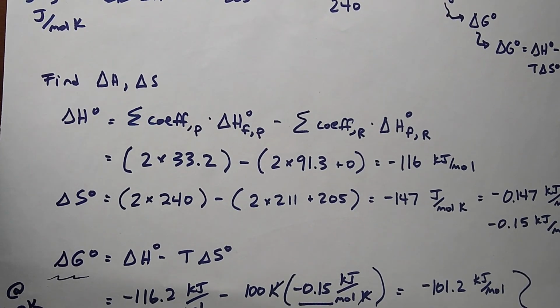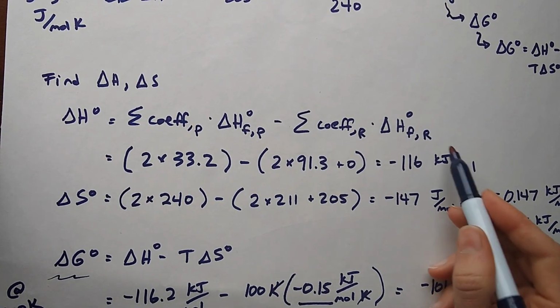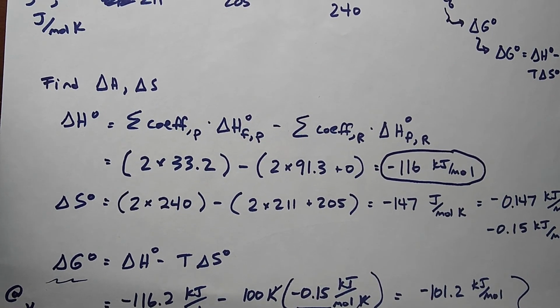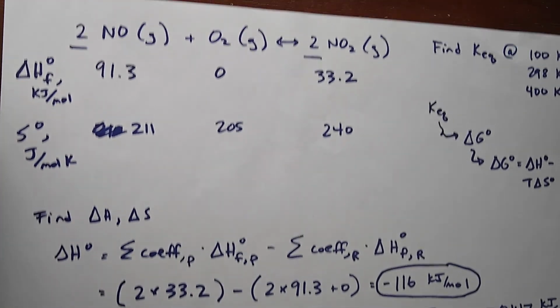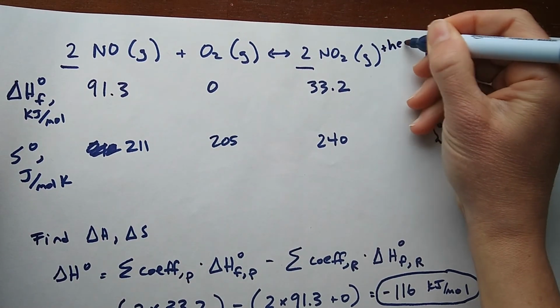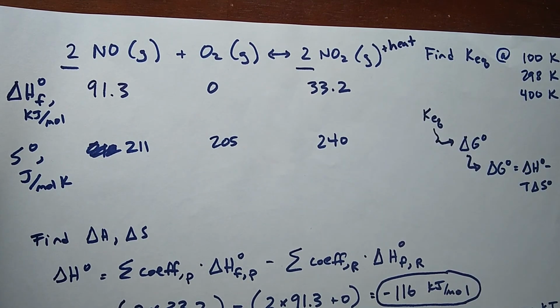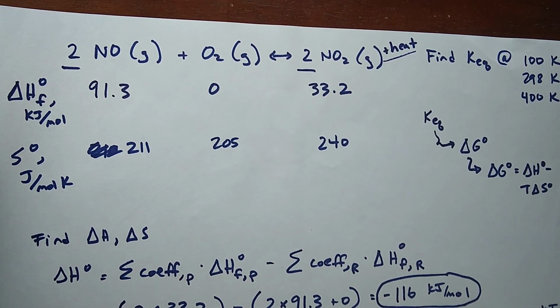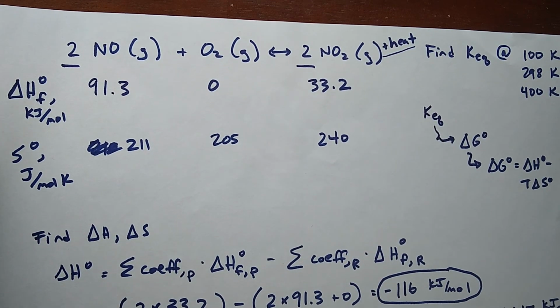Going back to when I solved for enthalpy, this negative value tells me that this is an exothermic reaction. So looking all the way back to the equation, if I have an exothermic reaction, I like to think of that as essentially there's heat as a product of this reaction. And so if I'm raising the temperature of the reaction, it's like I'm putting more heat into the system.